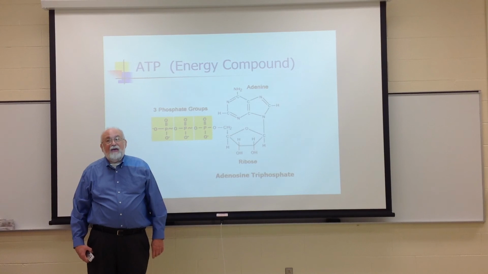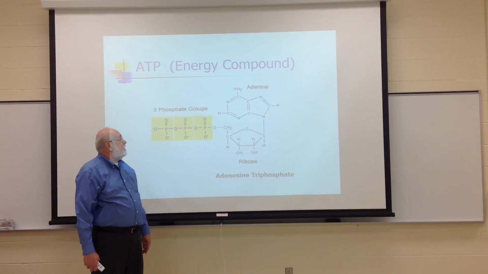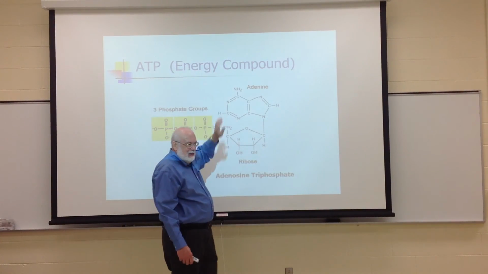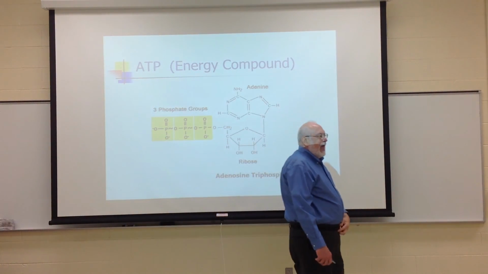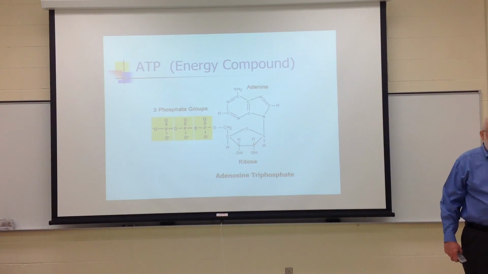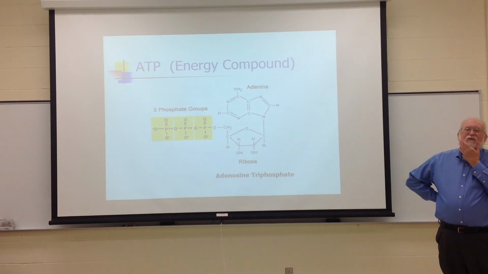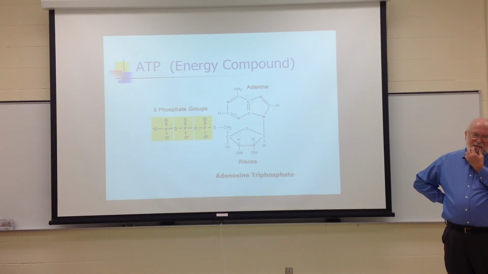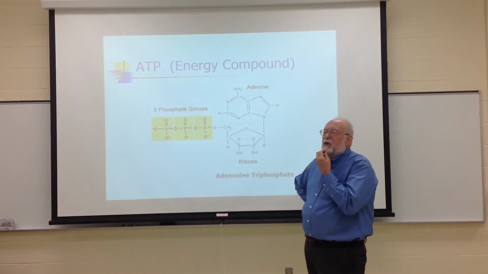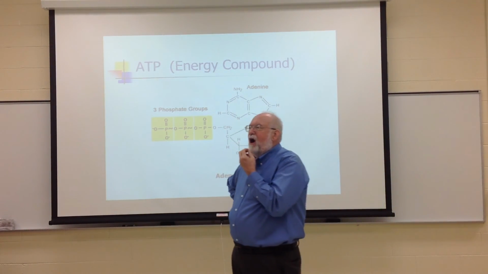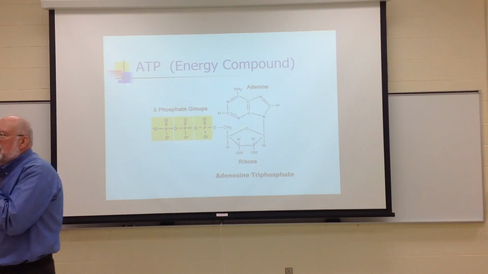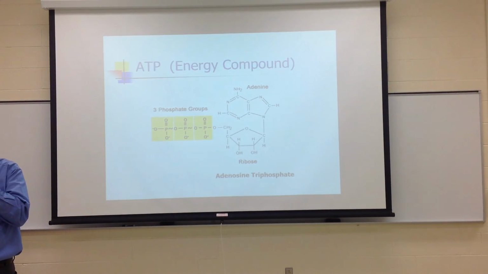Adenosine triphosphate. It is typically abbreviated ATP. All right? ATP, adenosine triphosphate. Now, if it's triphosphate, how many phosphorus atoms do you suppose are going to be in a molecule of ATP? 3.